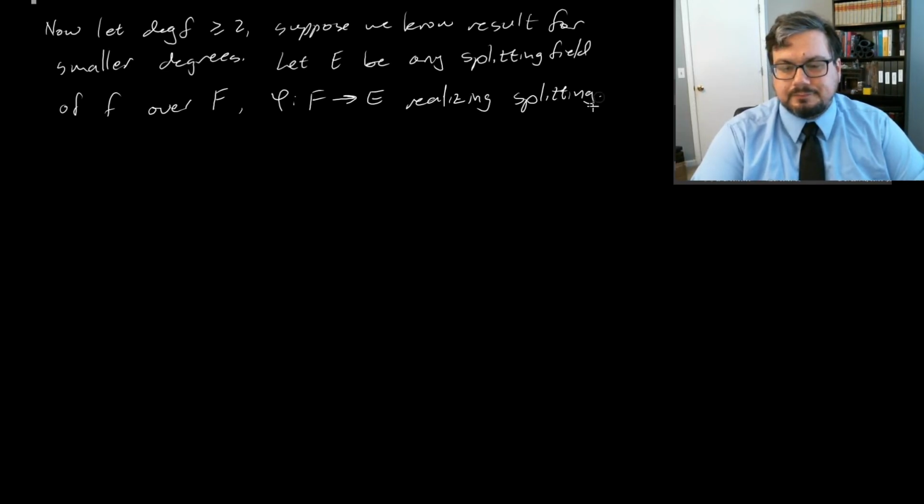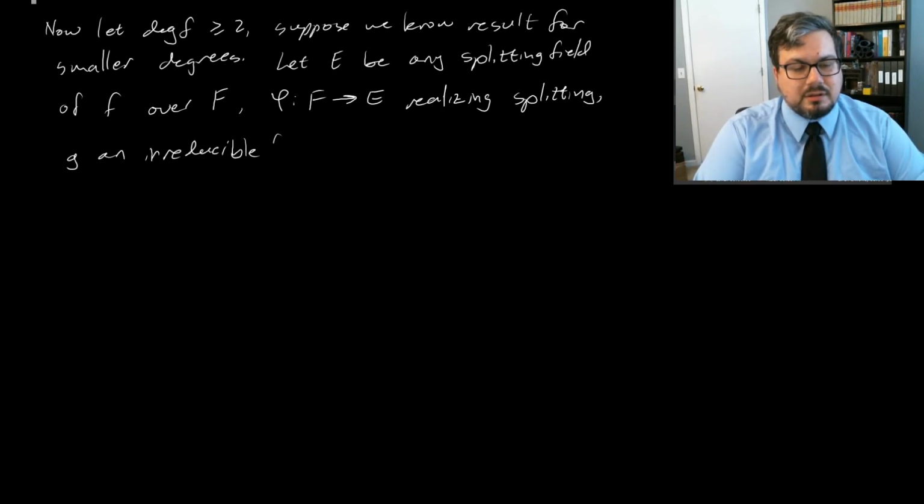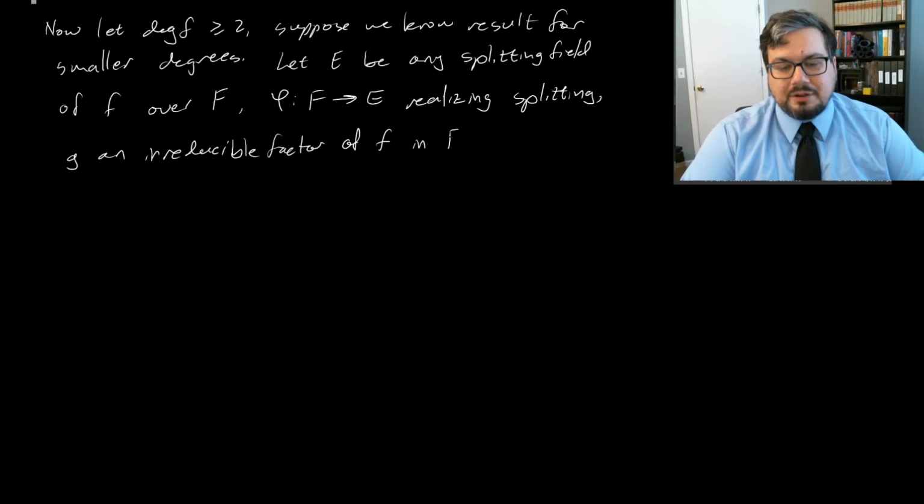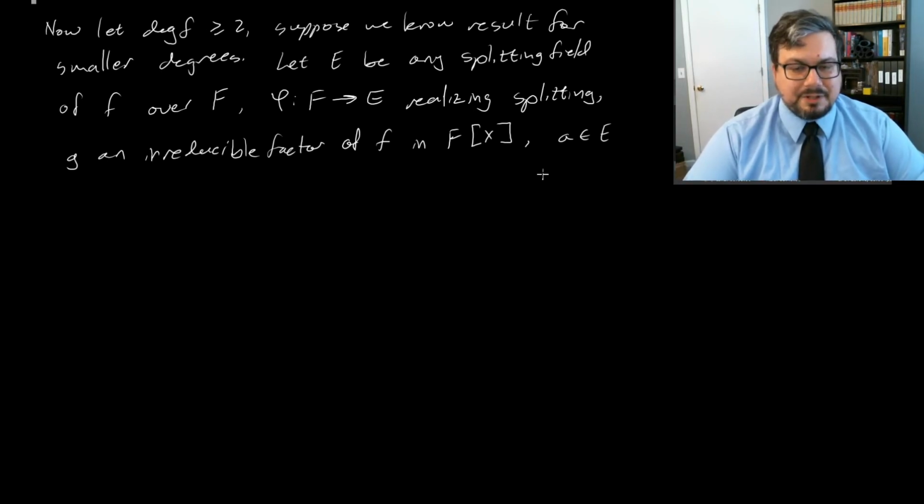Let's let g be an irreducible factor of f in the polynomial ring over the field F, and an element a inside the splitting field, a root of g.